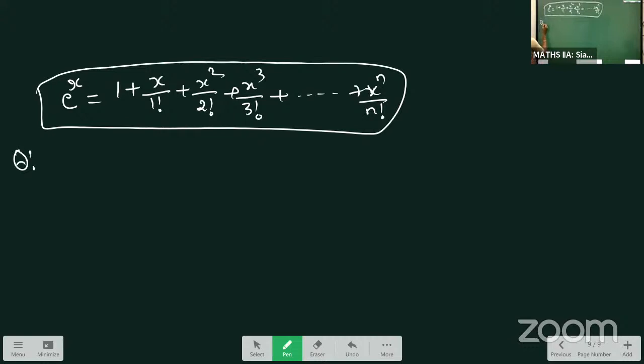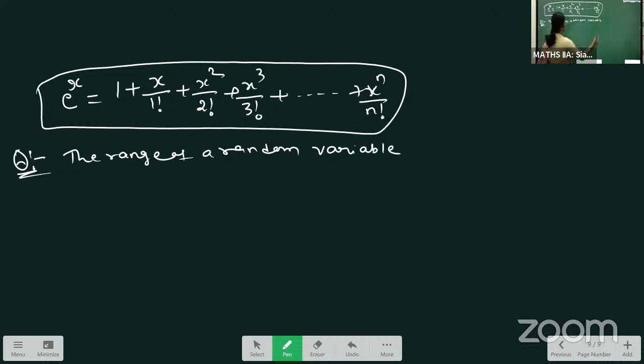Question is, the range of a random variable x is given like this: 1, 2, 3, and so on.